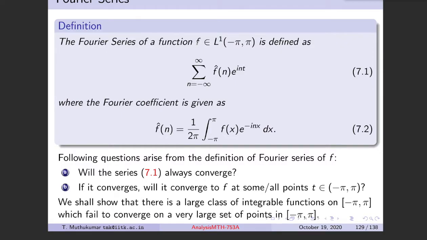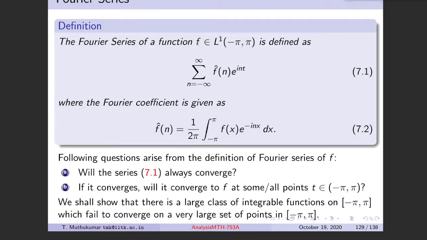By the end of this talk, we are going to show you that there is a large collection of functions and a large collection of points in the domain where this series will not converge. Forget about converging to f. It just diverges, right?